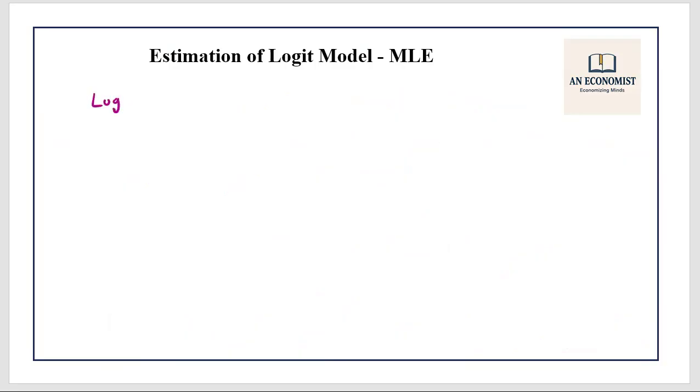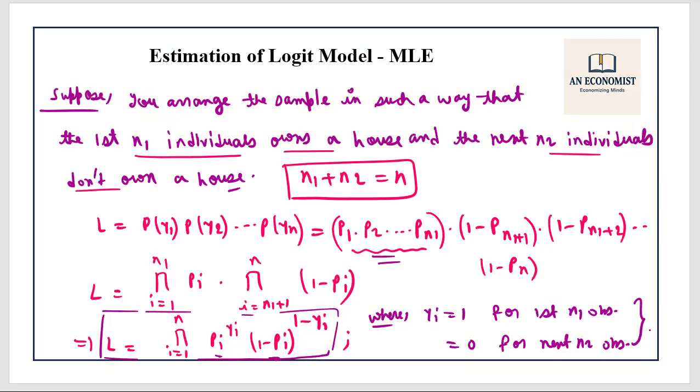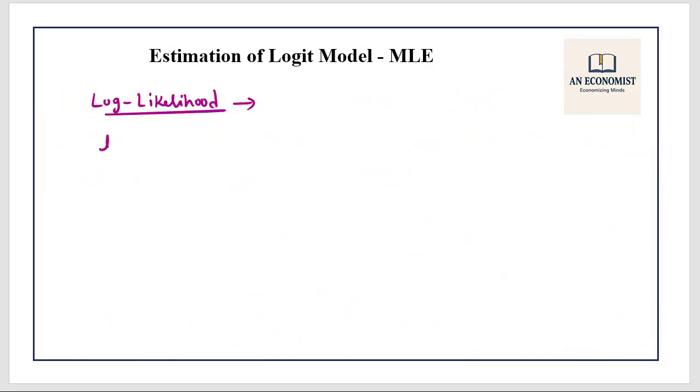So the log likelihood will be what? Simply take the logs on both sides. So here in this function, you have to take logs. It will be log L. And here you have the product.